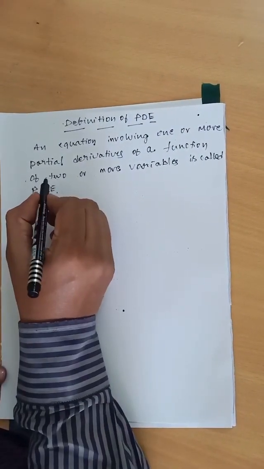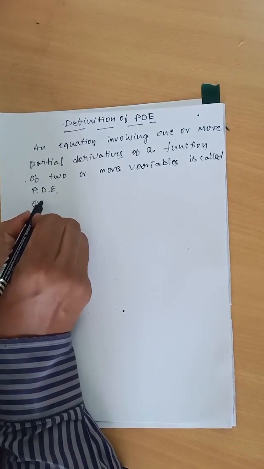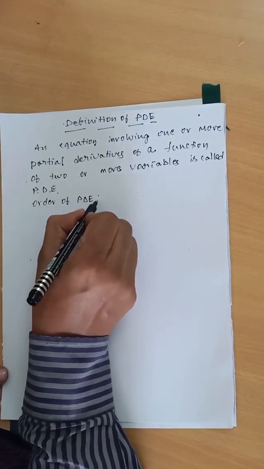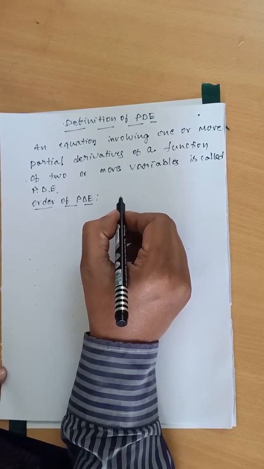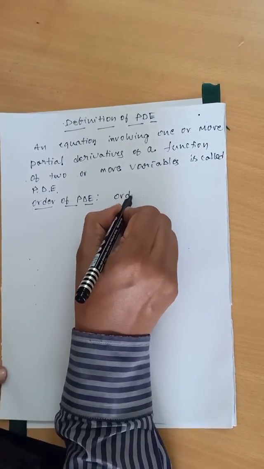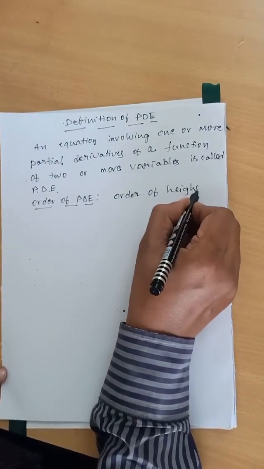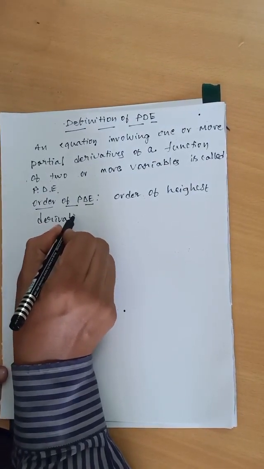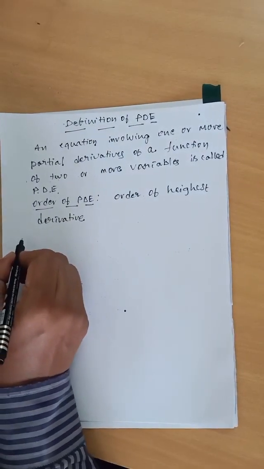After knowing the definition of partial differential equation, we should know about the order of partial differential equation. Order of partial differential equation means the order of the highest derivative in the partial differential equation.